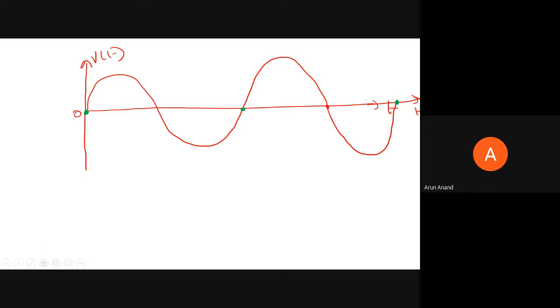Now, what is the measured frequency of this signal? I am sampling once every cycle. So any curve that is passing through these green points, according to us, is the signal.